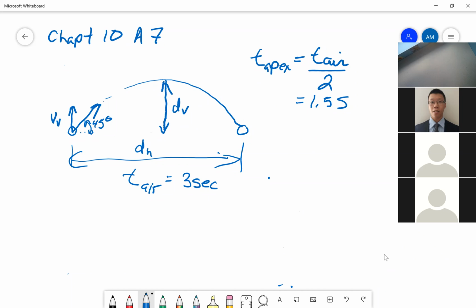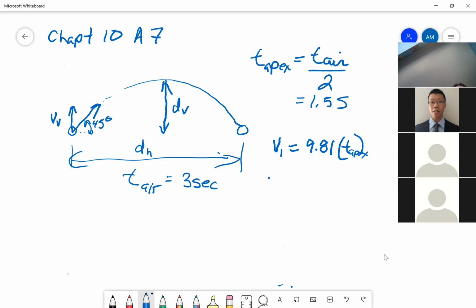If we rearrange that equation so that V1 equals 9.81 times T, and this is the T to the apex, all I'm doing is rearranging that equation. By bringing V1 over to the other side, it becomes negative, and that accounts for the fact that there's a negative in front of 9.81.